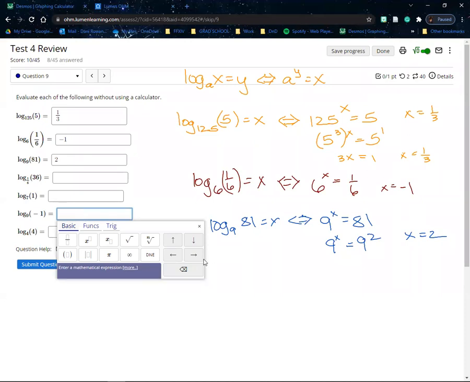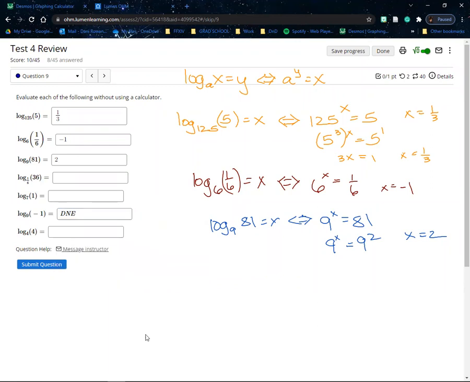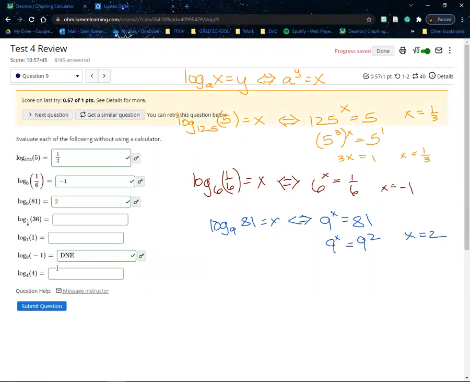Yeah, it doesn't exist. If everyone's cool with that, or does anyone want to see any of these that I haven't done? Let me know in chat or unmute yourselves. And if you're good, we'll move on.